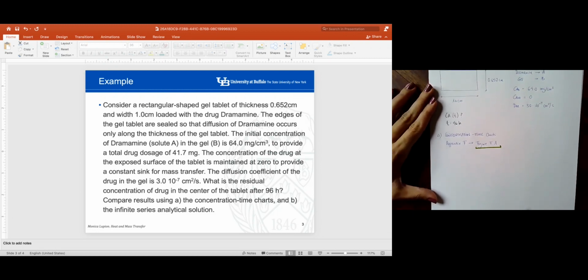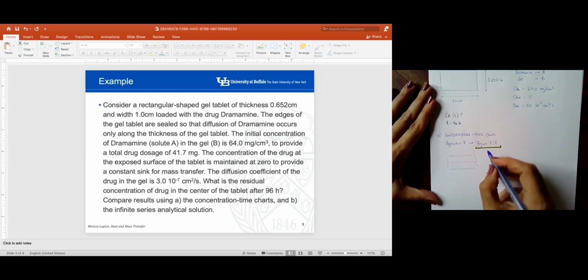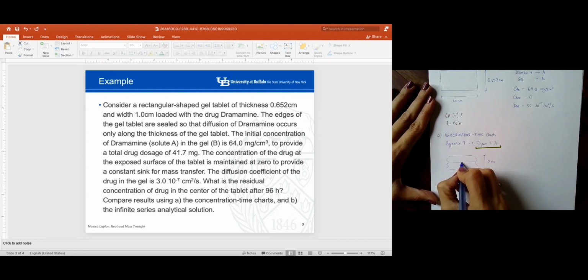In this particular case, if you take a look at figure F1, you will see that this is an element like this. It's a diagram like this. And the thickness should be 2x1, and x1 is defined as the distance between the center and the surface.